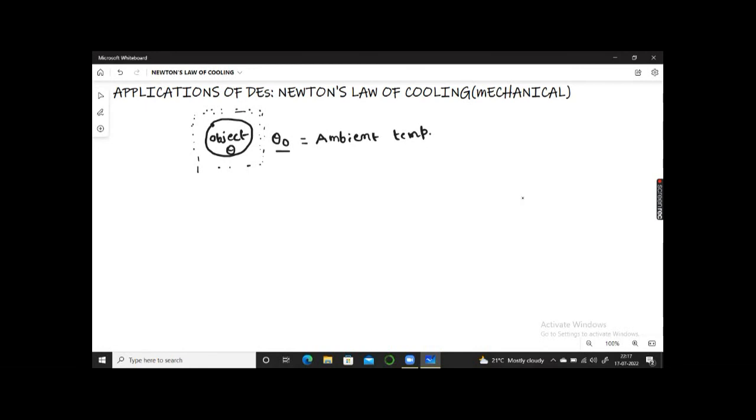Now, if the difference between theta and theta naught exists, then automatically heat transfer will be there from object to ambient or ambient to object based on the value. If theta is greater than theta naught, heat will transfer from object to surroundings. If theta is less than theta naught, then heat will transfer from surroundings to the object.